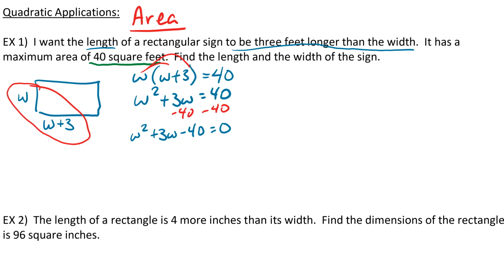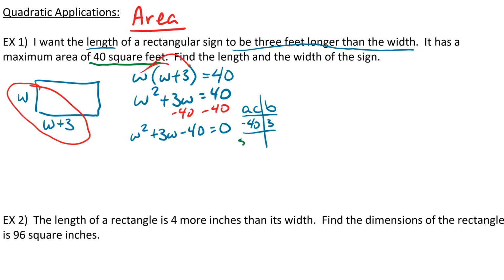And now we can do split B on this. So we're going to start out with the chart. AC would be negative 40, and B would be 3. So we need factors of 40 that are going to add up to 3.